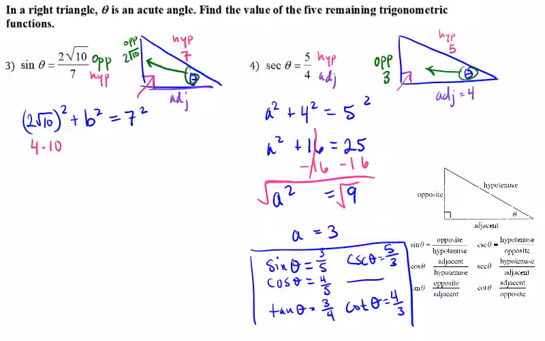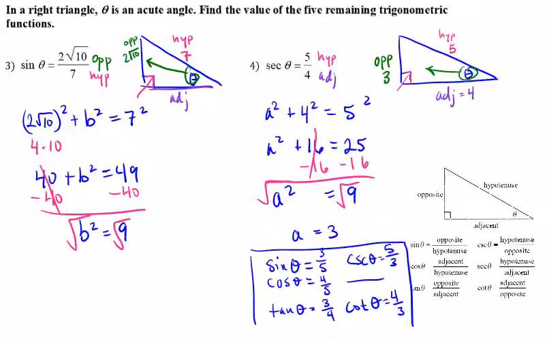Okay, so it's 4 times 10, which is 40, plus B squared equals 7 squared, which is 49. So then I'm going to subtract 40 from both sides. So we get B squared equals 9. Then we take the square root, and we get B equals 3. Okay, so 3 is the adjacent leg.